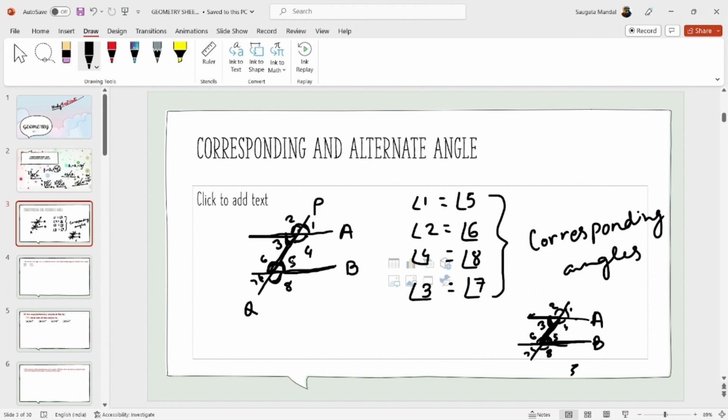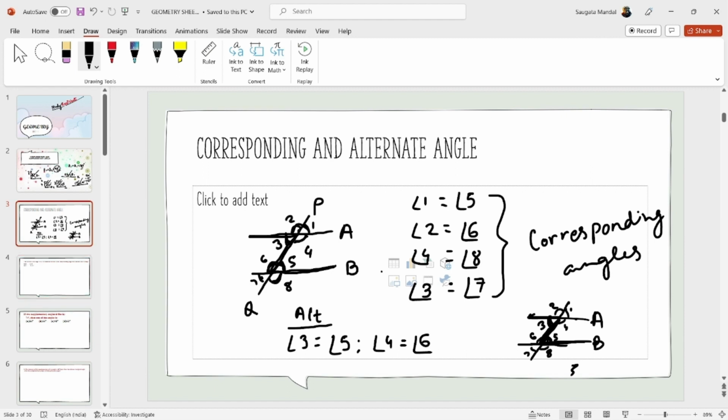That means they are equal to each other. For the case of alternate angles, we can easily say that angle theta 3 is equal to angle theta 5 and angle theta 4 is equal to theta 6. Is it clear to all? I think it is clear to all.